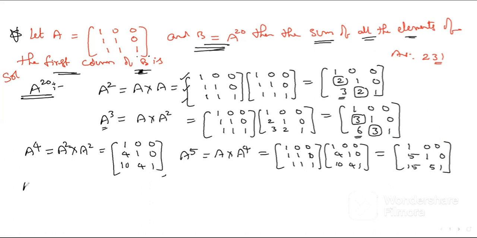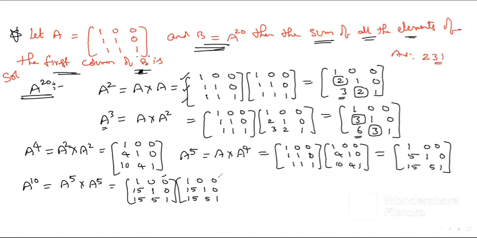Okay, then after, find out A to the power 10 value. A to the power 10 can be written as A to the power 5 into A to the power 5. 100, 1510, 1551 into, again write the same matrix, 100, 1510, 1551. What we get here?